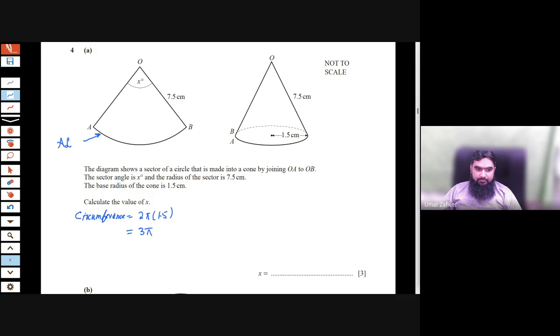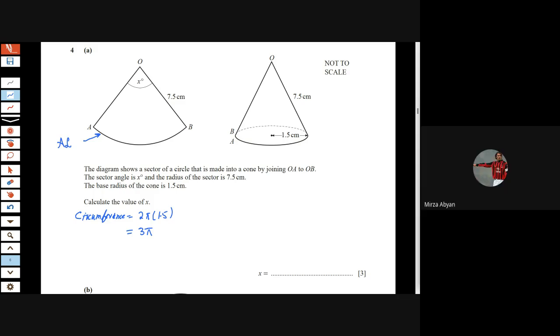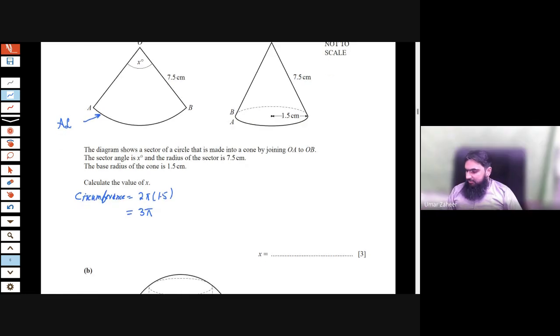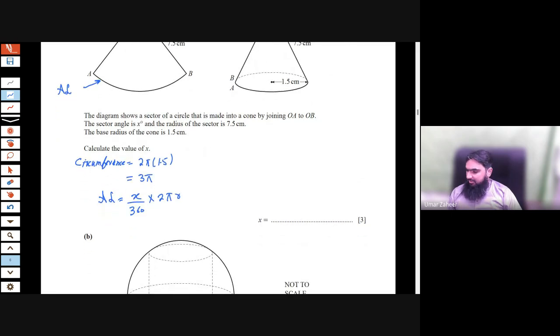Yes, everyone. Any question? No, sir. All right. Now we have to use the arc length formula. We have arc length is equal to angle divided by 360 into 2 pi r. The arc length that we have found, that is 3 pi, because it is the circumference.